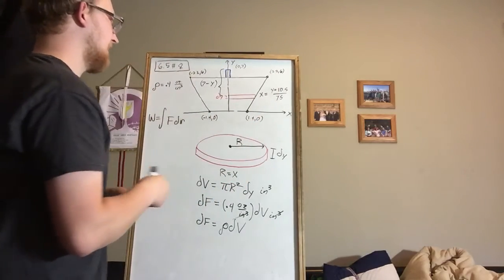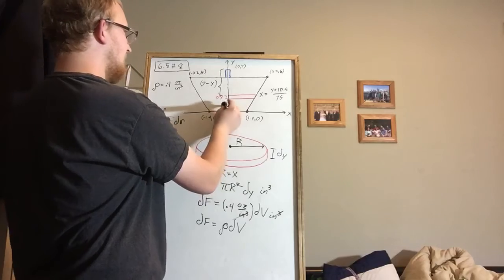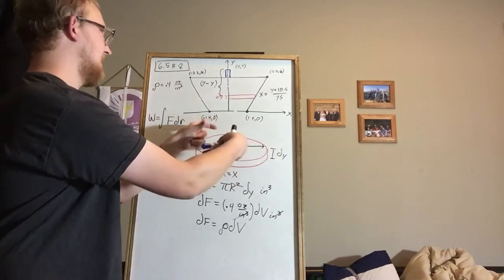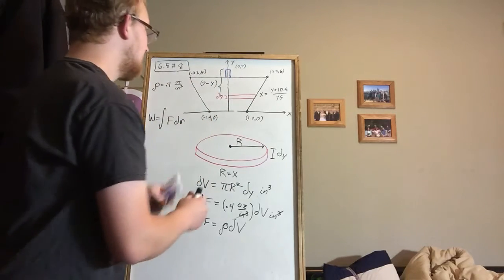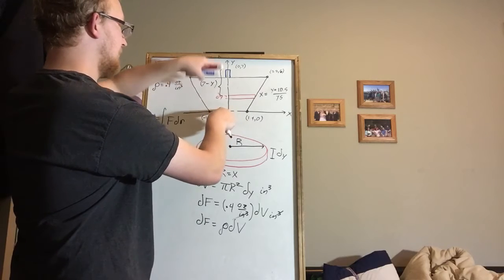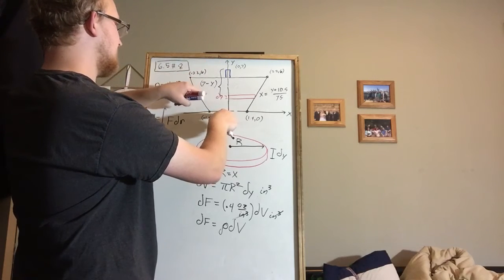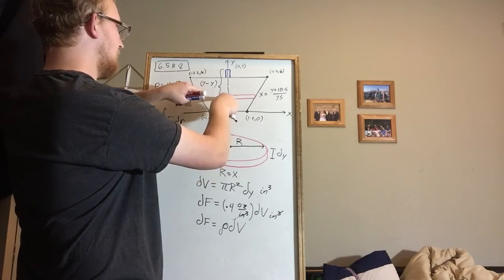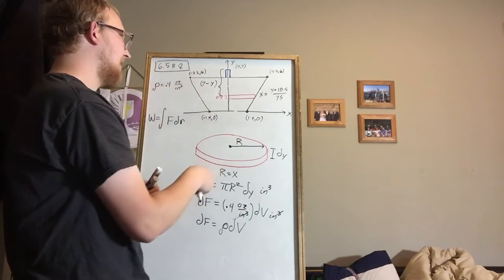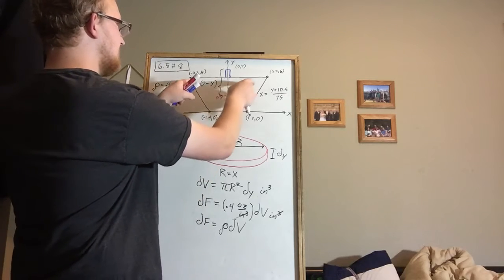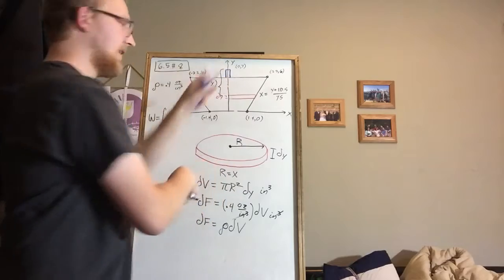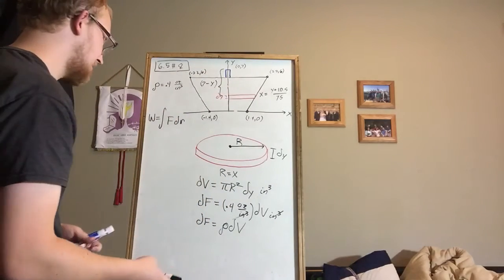So if we're interested in how far this disc is going to have to travel to get to the straw, if the disc is at 0, it has a full 7 to go. If the disc is at 2 on the y-axis, then it only has 7 minus 2 inches to go, or 5 inches to go. And once the disc gets up to the very top of the cup, it only has 1 inch to travel because the straw is only 1 inch tall.